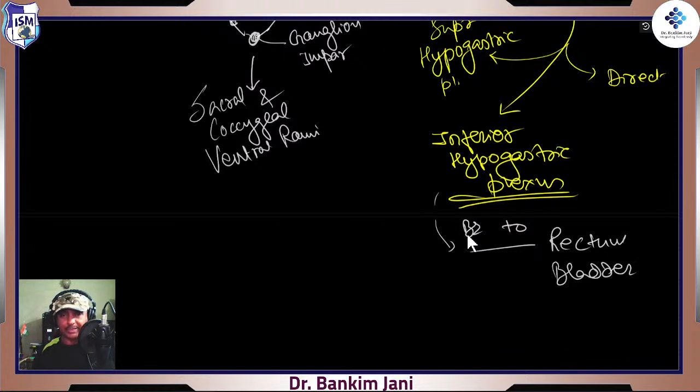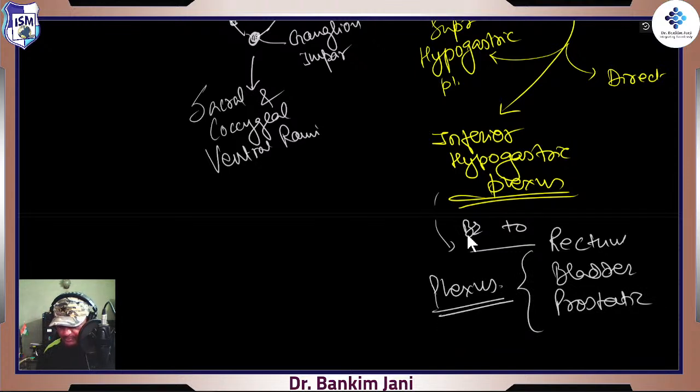So then those branches will be called vesical, prostatic, all those plexuses, right? So these are all plexuses. It means the inferior hypogastric will send branches to the rectal plexus, vesical plexus, prostatic plexus, right? Uterovaginal plexus.